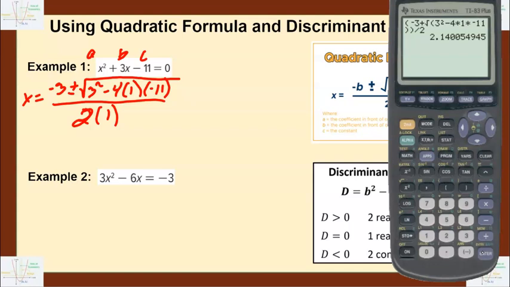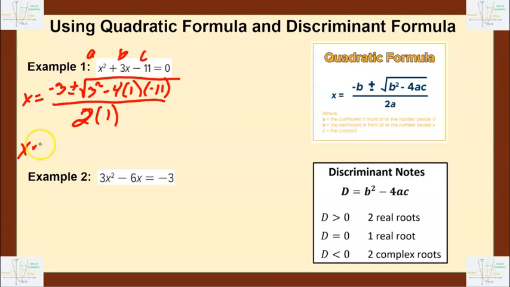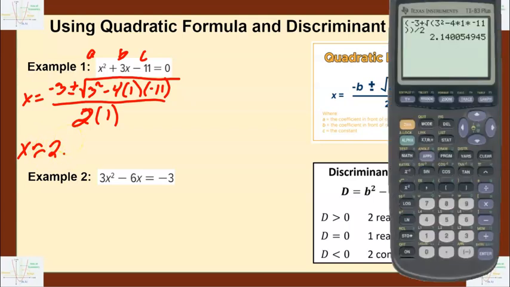That gives me an answer of 2.140054945. So this gives me an irrational number. So I'm going to write this rounded to the nearest hundredth. So I'm going to have x is about 2.14.